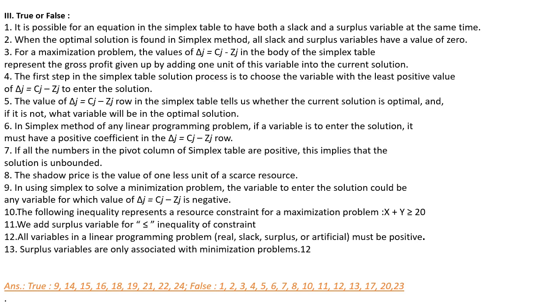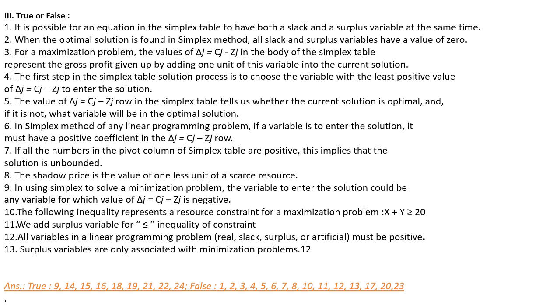False. The value of delta j equal to Cj minus Zj row in the simplex table tells us whether the current solution is optimum, and if it is not, what variable will be in the optimum solution. False. In the simplex method of any linear programming problem, if a variable is to enter the solution, it must have a positive coefficient in the delta j equal to Cj minus Zj row.